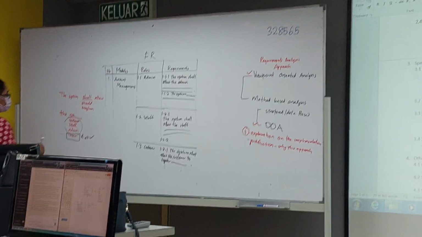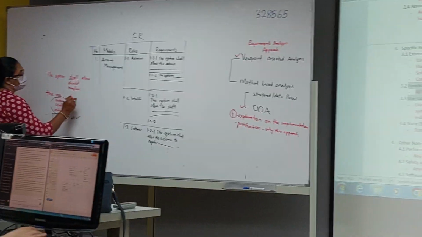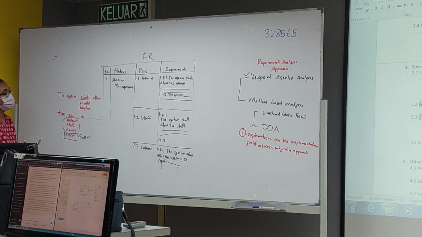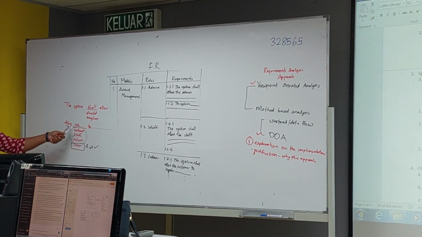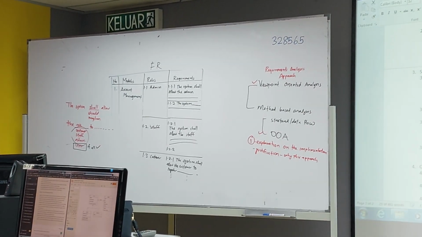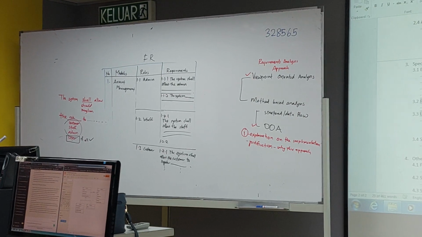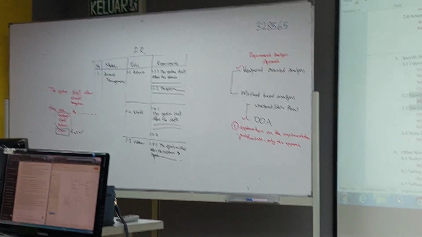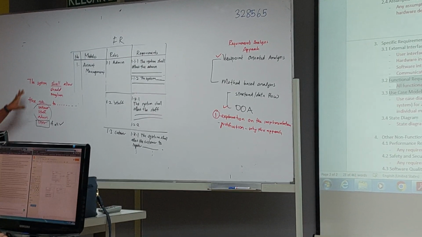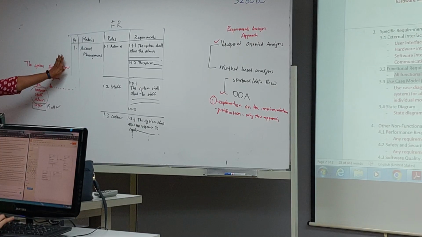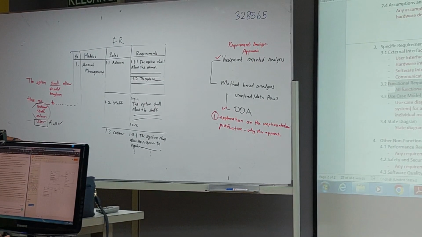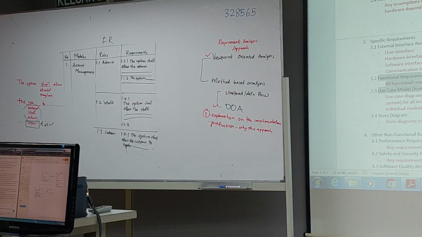Then of course you continue to what? The system shall allow the role, the user, to do what? Register, for example. If the system is automated, then what happens? The system shall, straight away, state what the system will do. So that's the system's point of view.